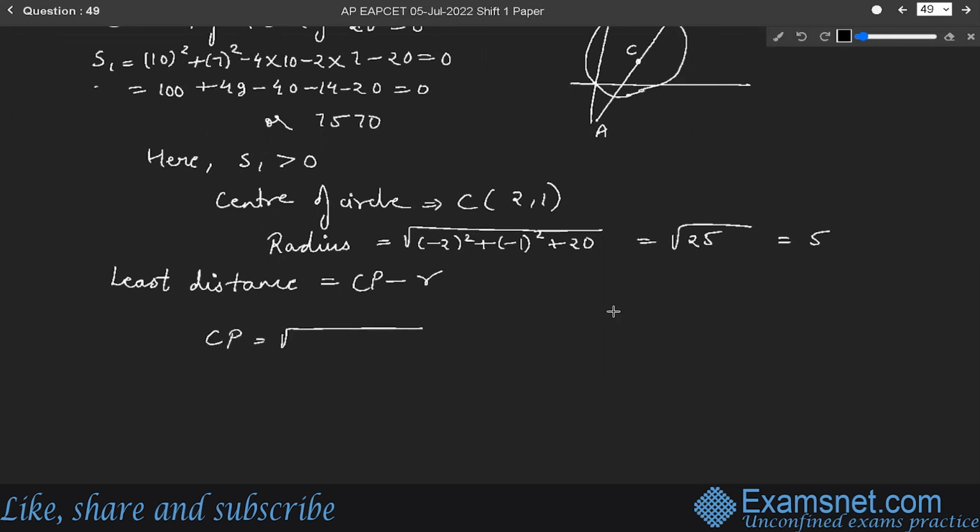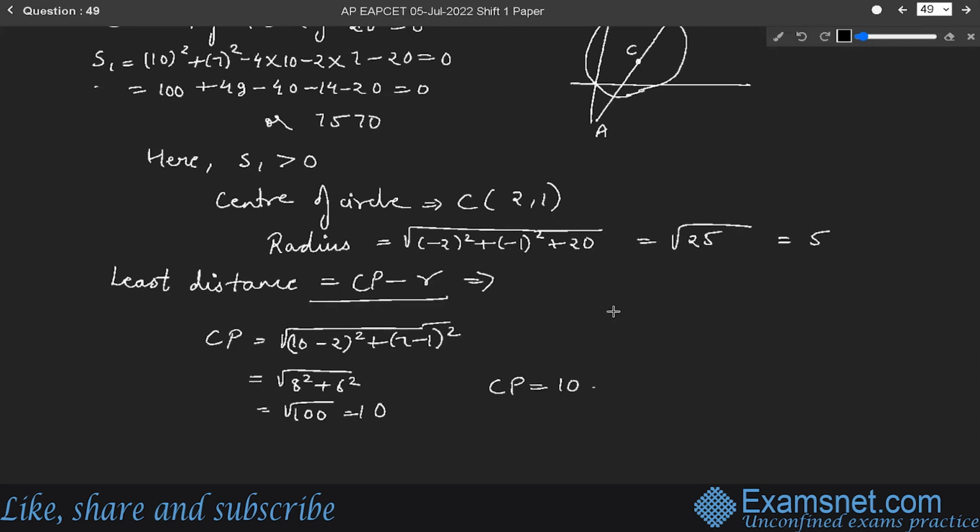CP will be equal to under root of (10 minus 2) square plus (7 minus 1) square, which is equal to under root of 8 square plus 6 square, which is under root of 100, which is equal to 10. So CP is equal to 10. Therefore, least distance will be CP minus R, so it will be 10 minus R. R is the radius, which is 5. So the least distance is 5 here.